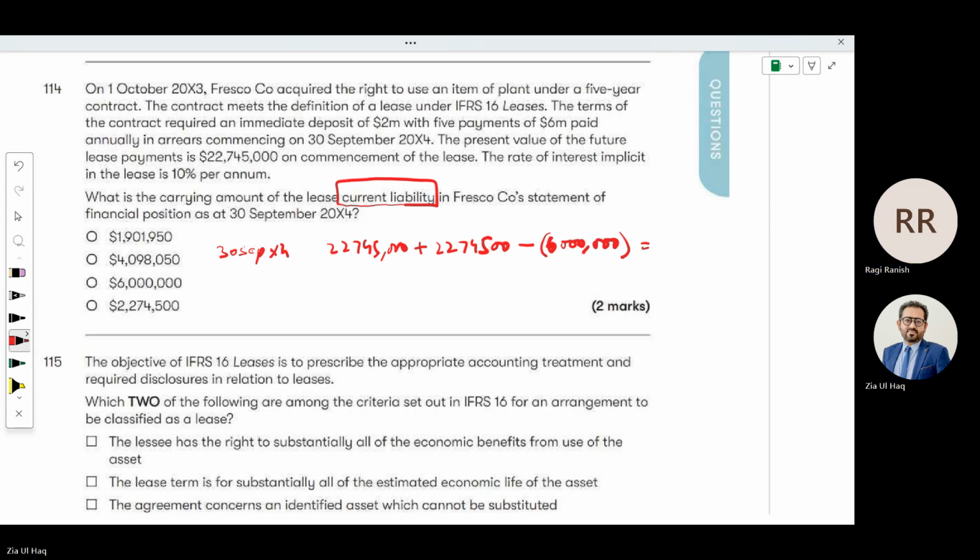190, 190, 19500. So at 30th September 20X5, 190,195,000 plus interest rate of 10%, 190,195,000 minus 6 million is the payment.